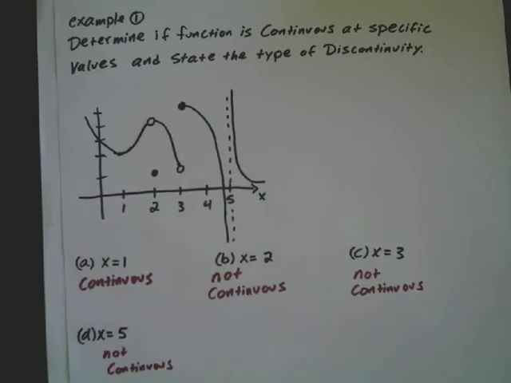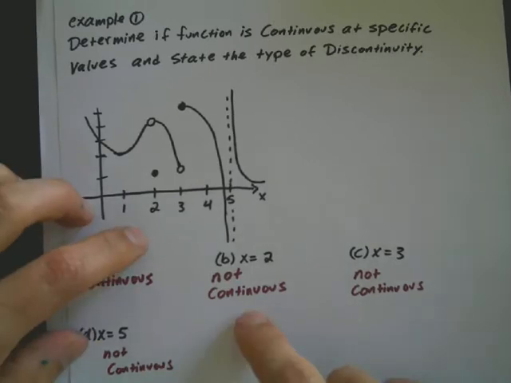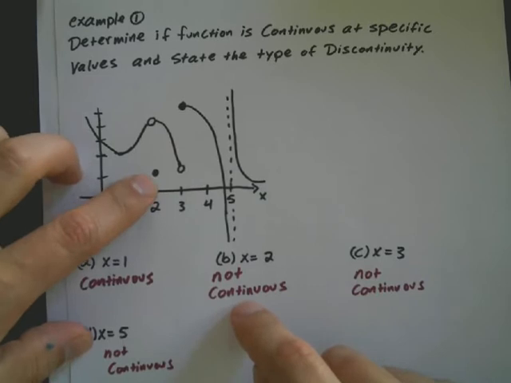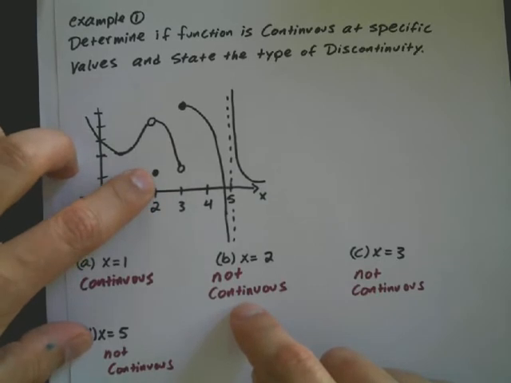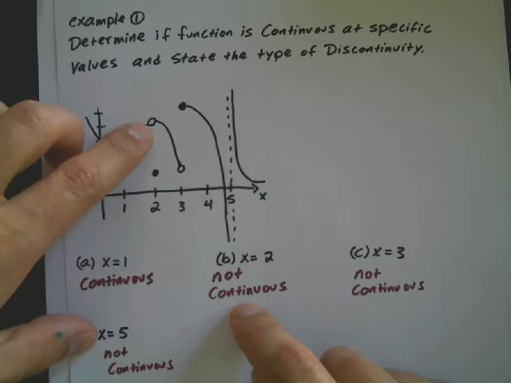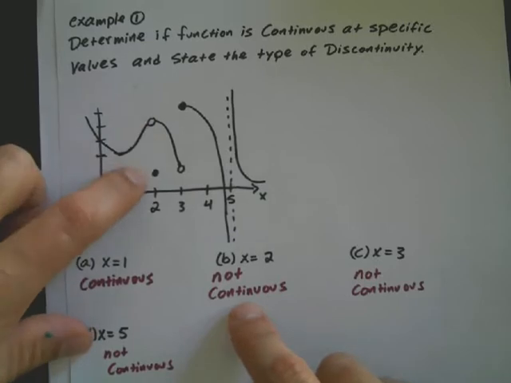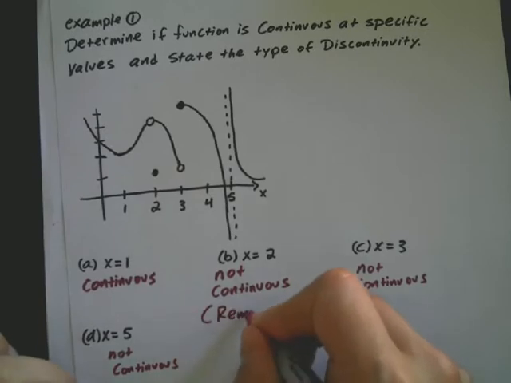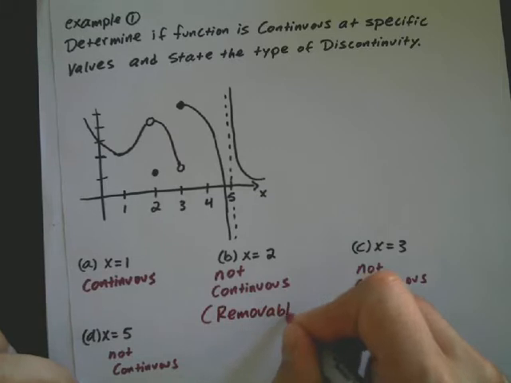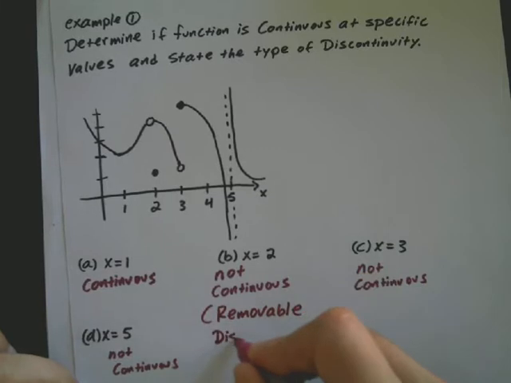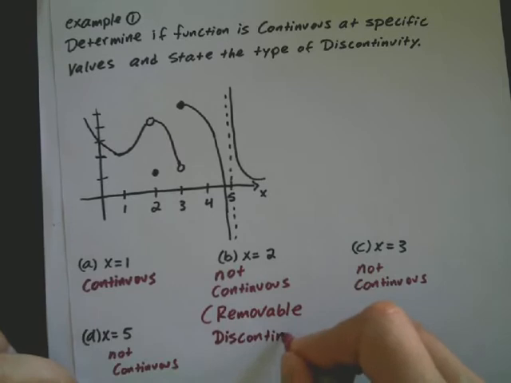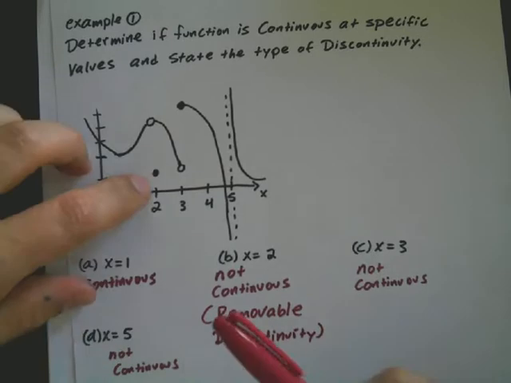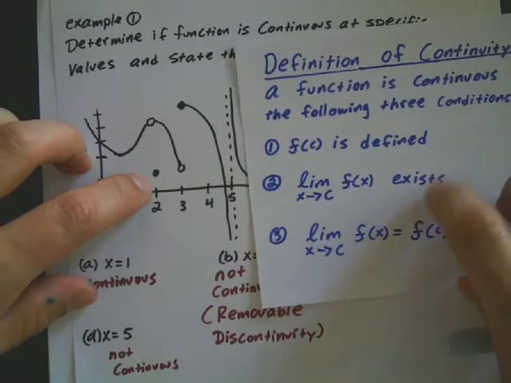Now, as far as the types of discontinuities, I could maybe fix this discontinuity by moving this circle to where the limit is. So this is going to be something called a removable discontinuity. Removable because all that's wrong with it is that number 1 and number 2 don't agree, but these two are satisfied.